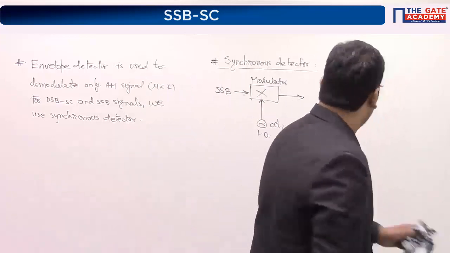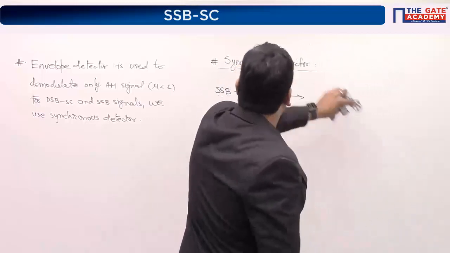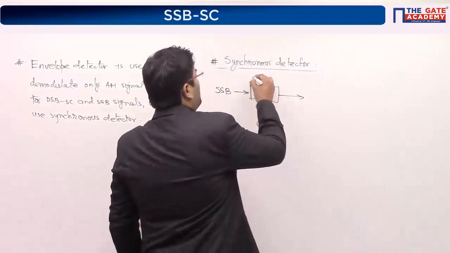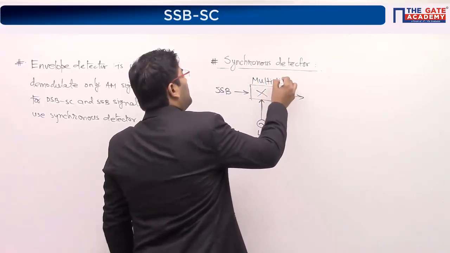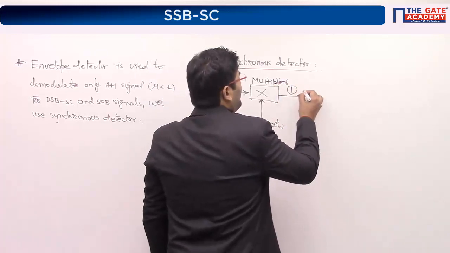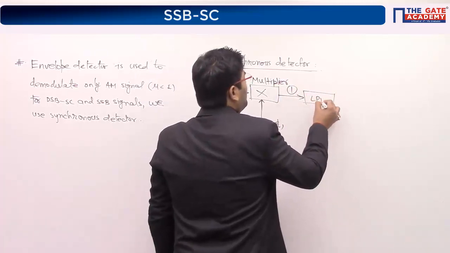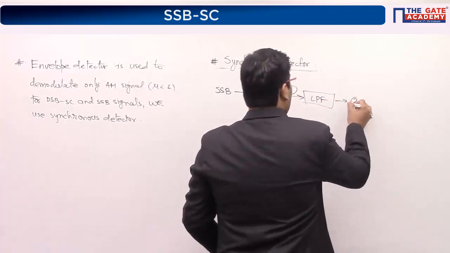Why I'm saying modulator? It's a demodulator, or you can simply call it a multiplier. Okay, not modulator, multiplier. It multiplies. Okay, and the output will go into a low pass filter.